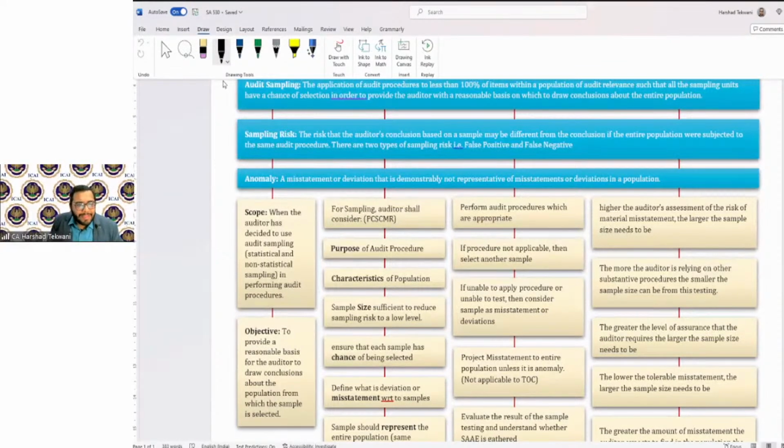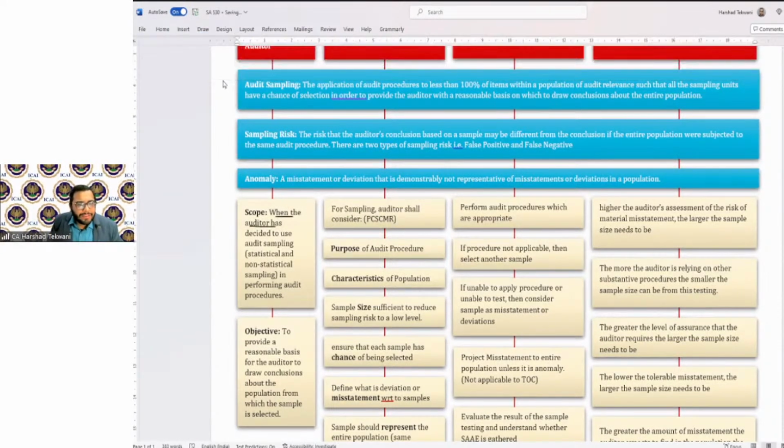So the scope is when the auditor has decided to use audit sampling, statistical and non-statistical, in performing audit procedures, to provide a reasonable basis to draw the conclusion about the population from which the sample is selected.